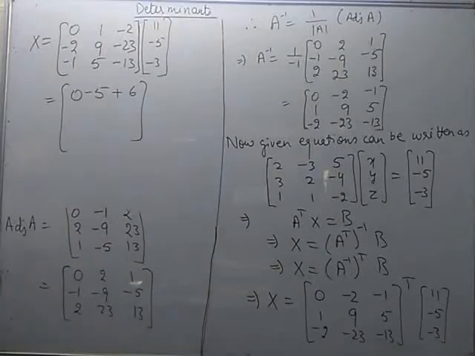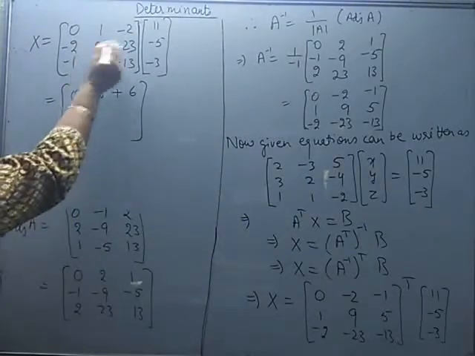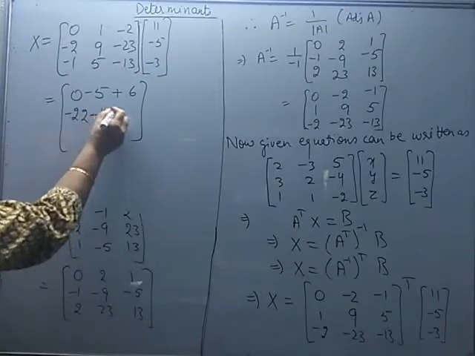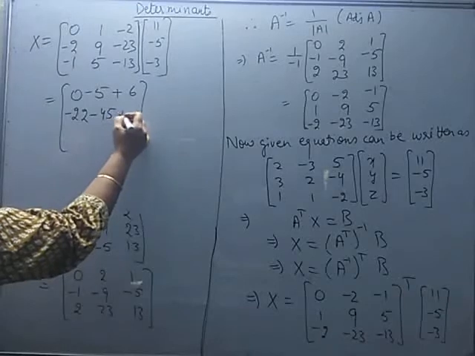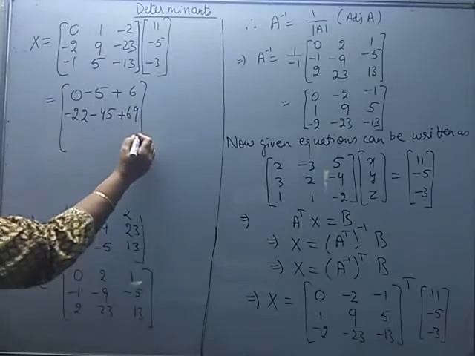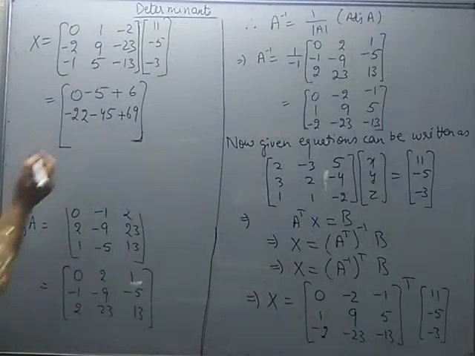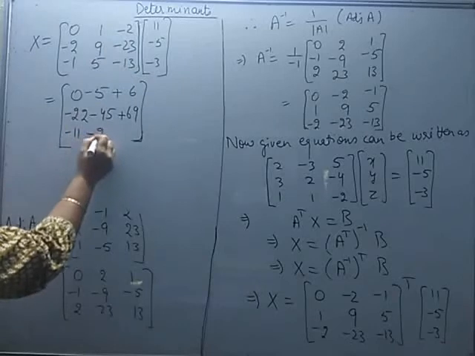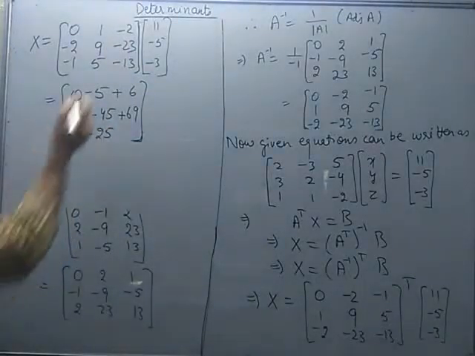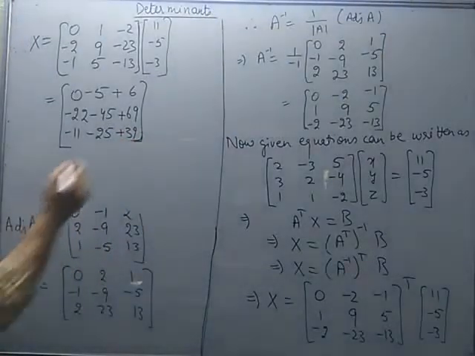In the next row, -2 into 11, -22, then 9 into -5, so -45, then -23 into -3, so this becomes positive, it will be 69. Then moving on to third row elements, -1 into 11, then plus 5 into -5, which is -25, then -13 into -3, it comes out to be 39.